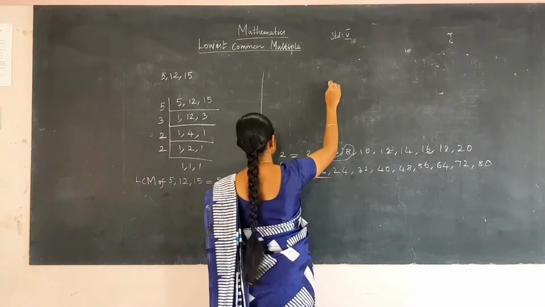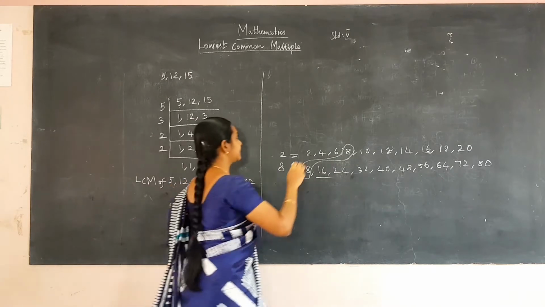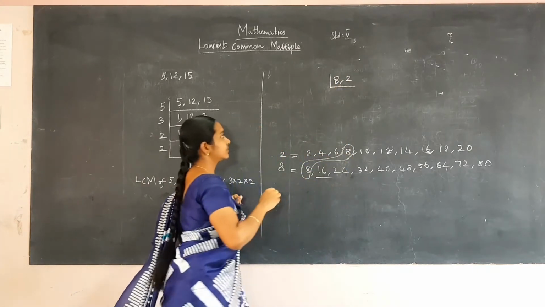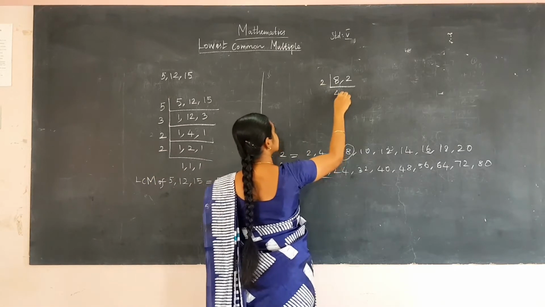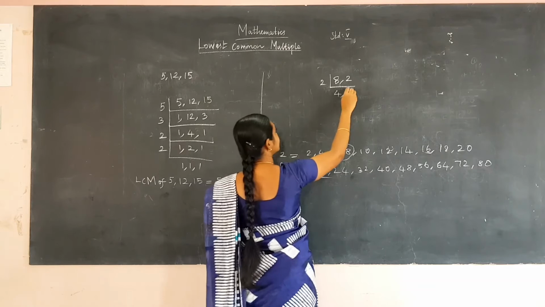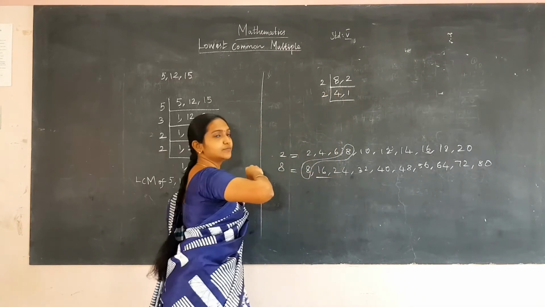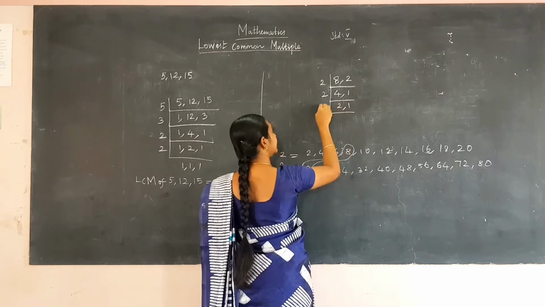Let us check that using the division method. Let us divide it with the number 2. 4 into 2 is 8. 1 into 2 is 2. Again divide it with the number 2. 2 into 2 is 4, so write 2 here. Again divide it with the number 2.